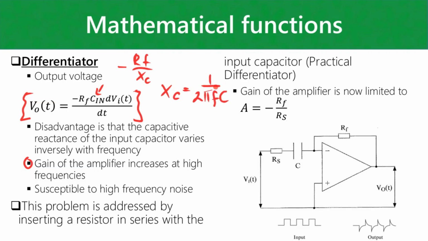So if the frequency goes up, XC goes down, which means the gain of your amplifier shoots up as well. So differentiators are typically susceptible to high frequency noise. The way we get around this problem is by introducing a resistance in series with the capacitor, which will give you a fixed gain of RF over RS. That's going to be your minimum gain there.